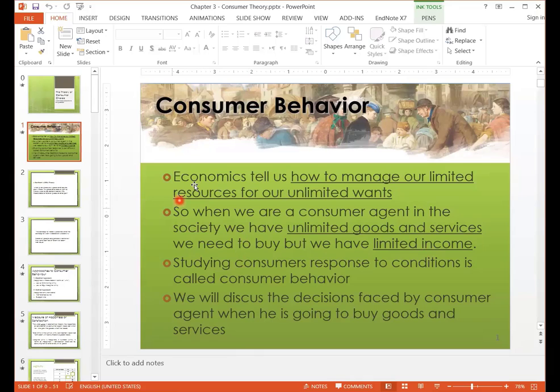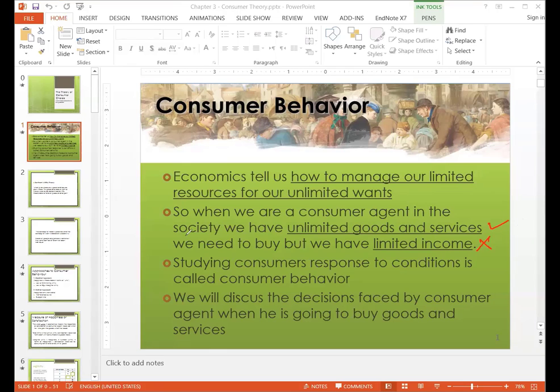So as a consumer, this is our target, and this is our issue. So we have to manage our issue in a way that we can achieve more of our targets.